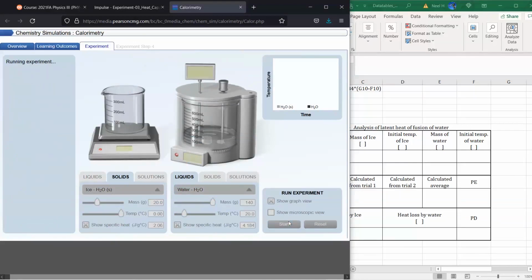Usually if we do an in-person class, we do it at least 2 times because there's a lot of error that can happen. Because of that, we're going to take a look at the numbers and then take the average of 2 trials.